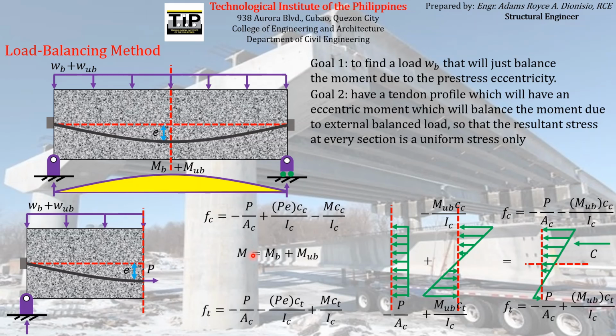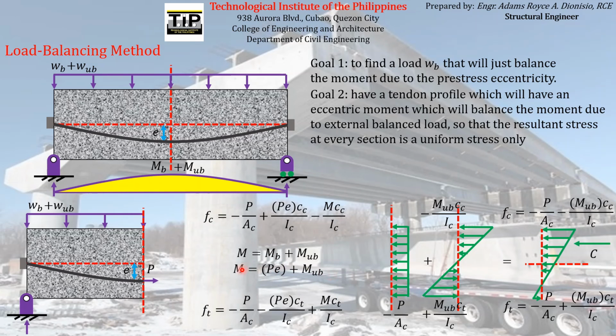So if you express the total moment in the formula for the basic concept method in terms of the balanced moment and the unbalanced moment, we found out a while ago that the balanced moment is just equal to the eccentric moment due to the eccentricity of the pre-stressing force, which is just equal to PE. So we can change MB here by PE.